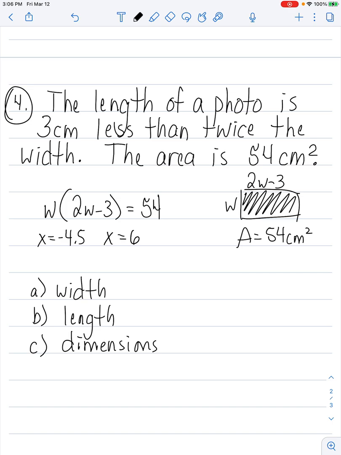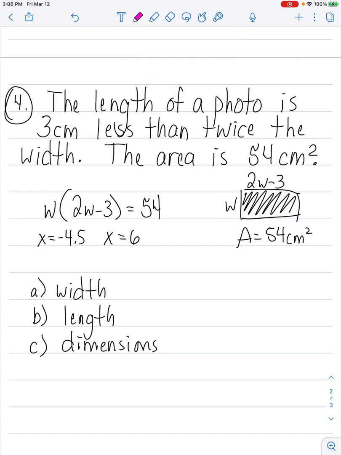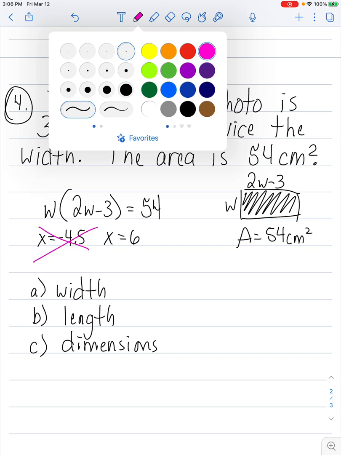Now let's think about what makes sense in this situation. Can I have a side length that is negative? No, it doesn't make sense. So when you do these, if one of your zeros is negative, it's out. It's not a solution to this quadratic equation.